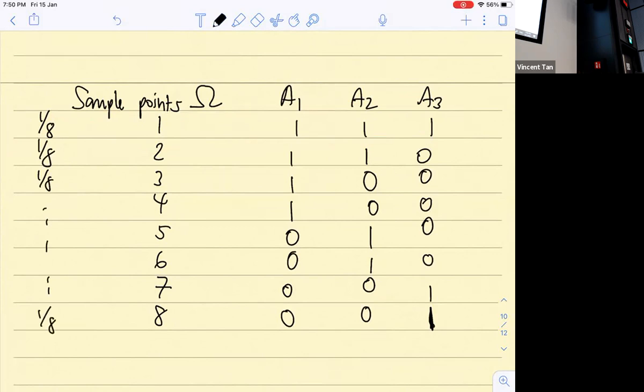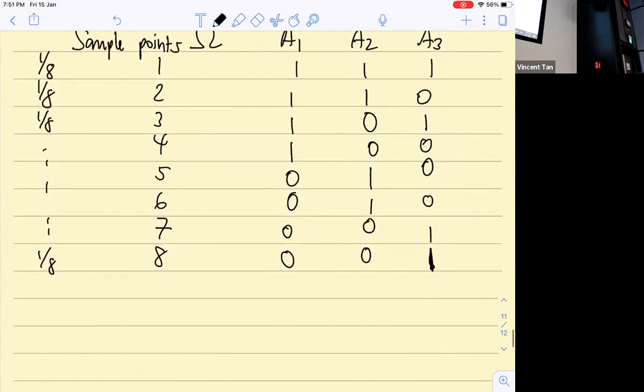There's a typo in one row, this one won't work. So if A1, A2, A3 are all true, the probability is 1/8. If A1, A2 are true and A3 is false, the probability is 1/8, and so on.